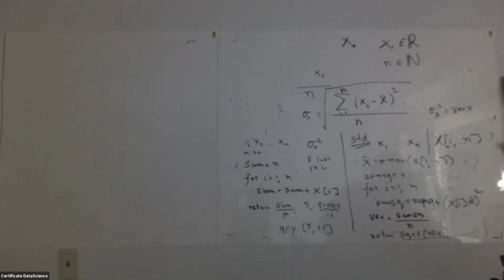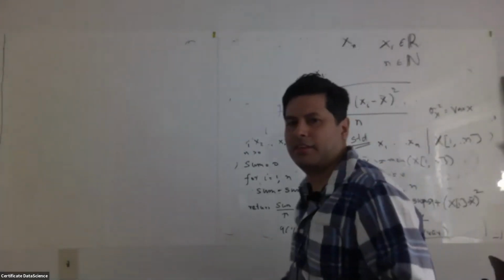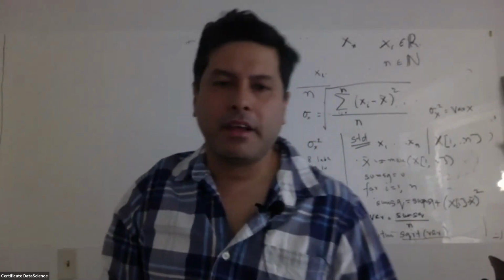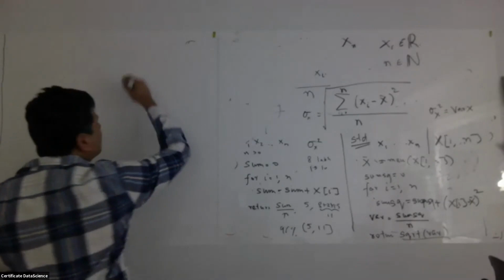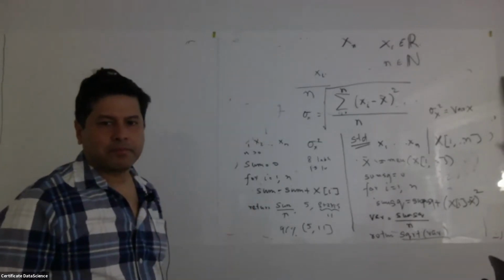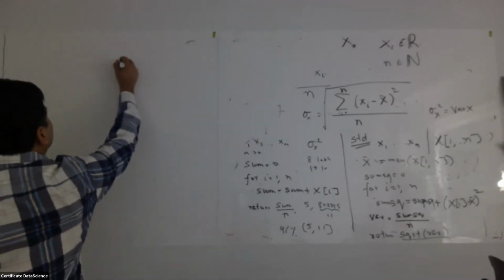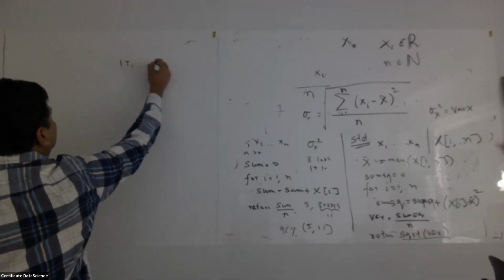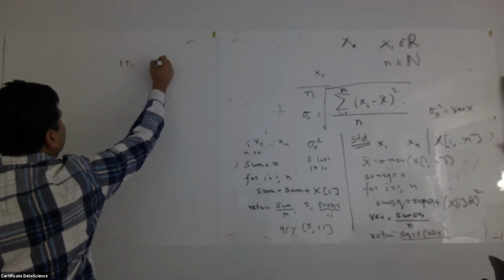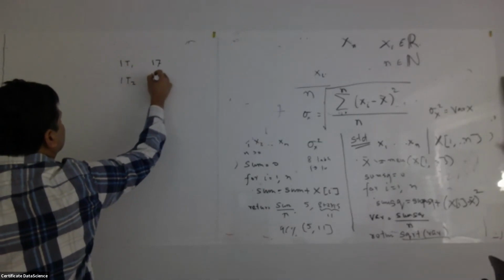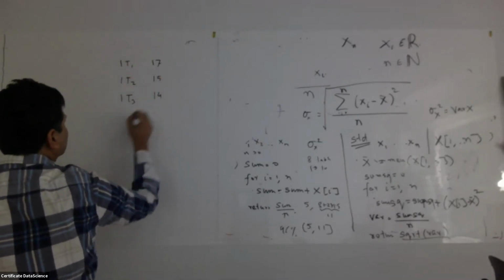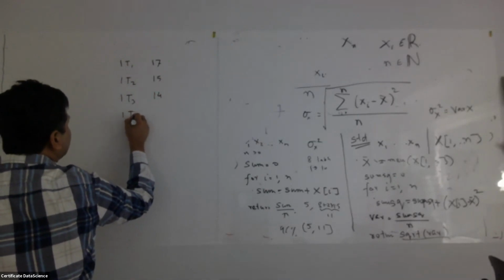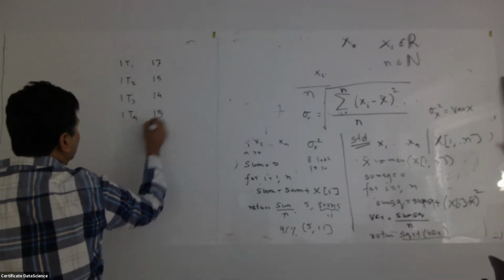Say somebody is asking you, how much does an IT person earn in some city? So what you do is go around doing a survey. From the survey, you say IT professional 1, 17 lakhs, IT professional 2, 15 lakhs, IT professional 3, 14 lakhs, IT professional 4, 15 lakhs, and so on.